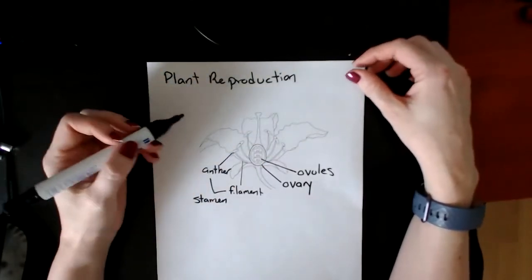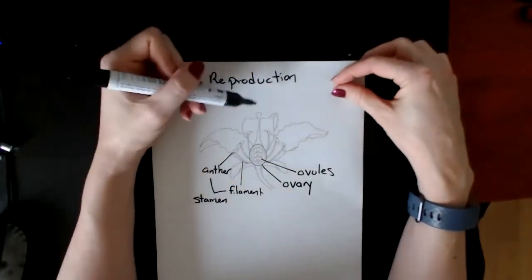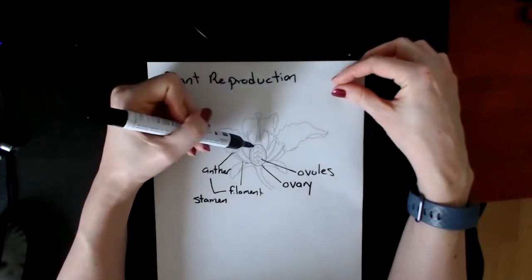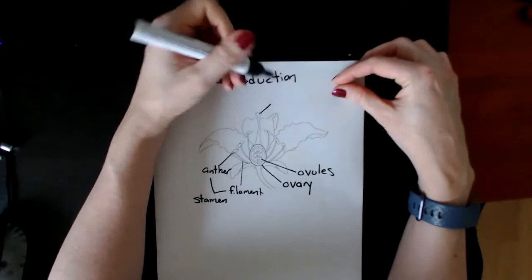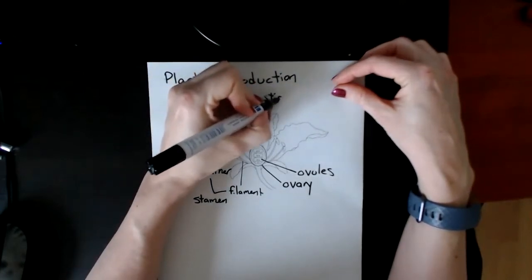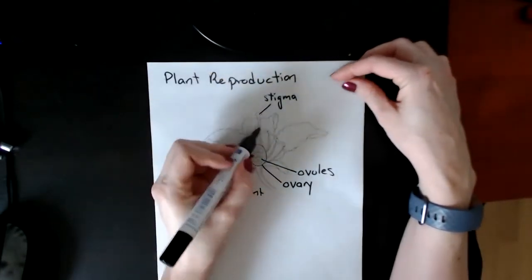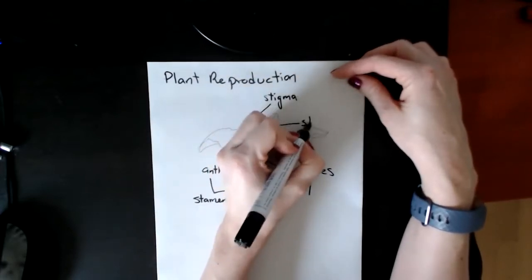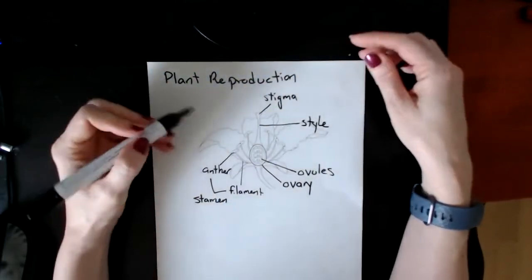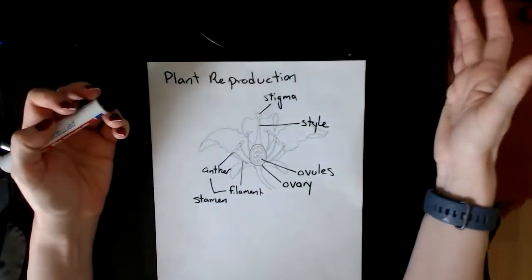Obviously, I'm not going to label those. Most people know that. And then this part here that sits above the ovary is called the stigma. And the long part down to the ovary is called the style. Right? So these are the basic parts of the plant that you'll need.